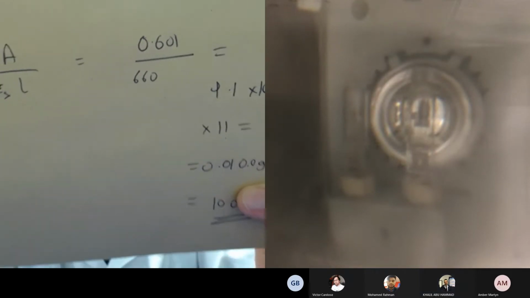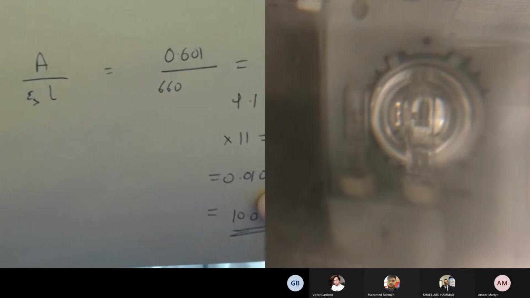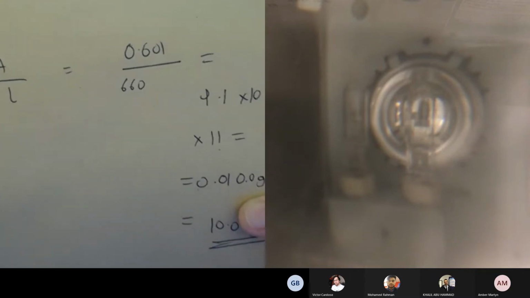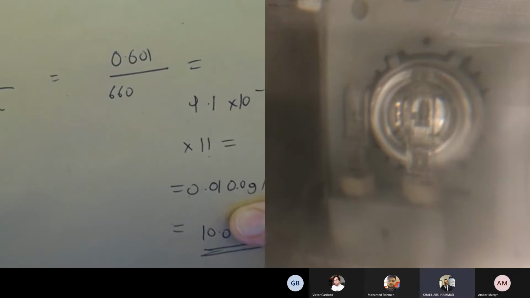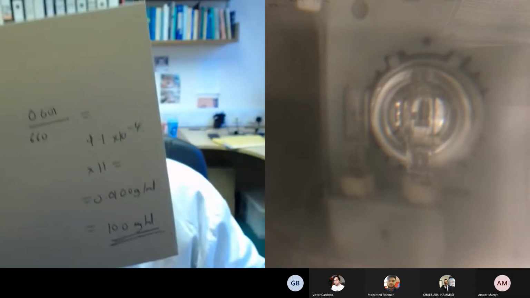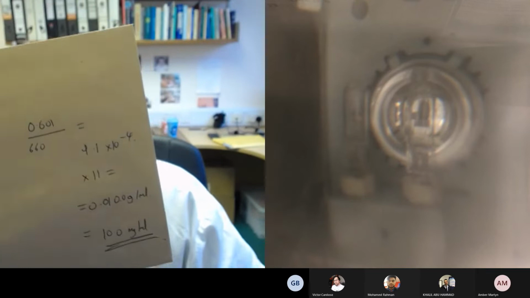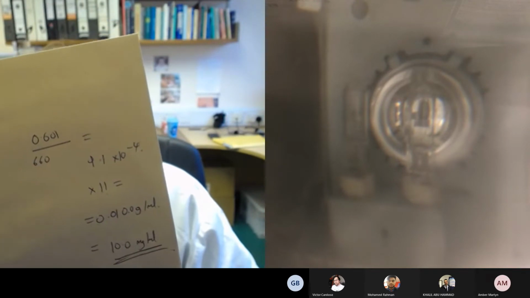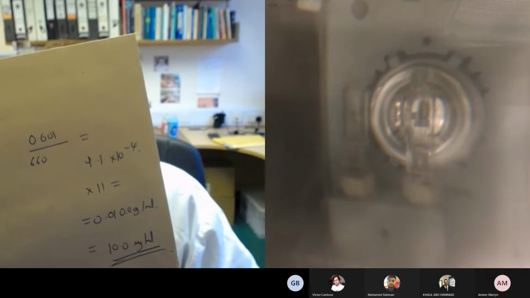So I think you made a mistake there. 0.010 gram per mil. And to convert to milligrams, how many milligrams is 0.010 grams?